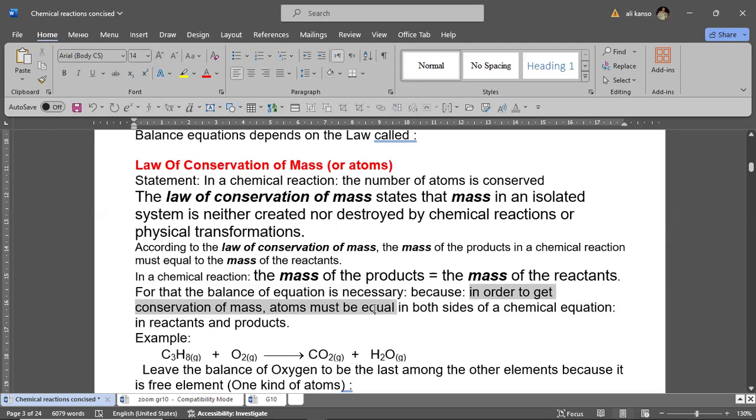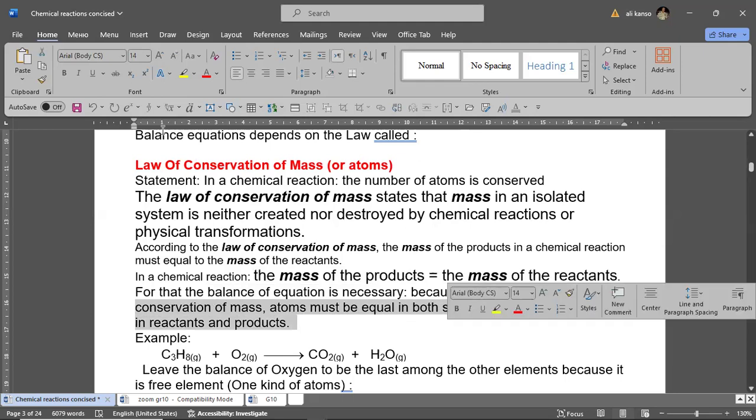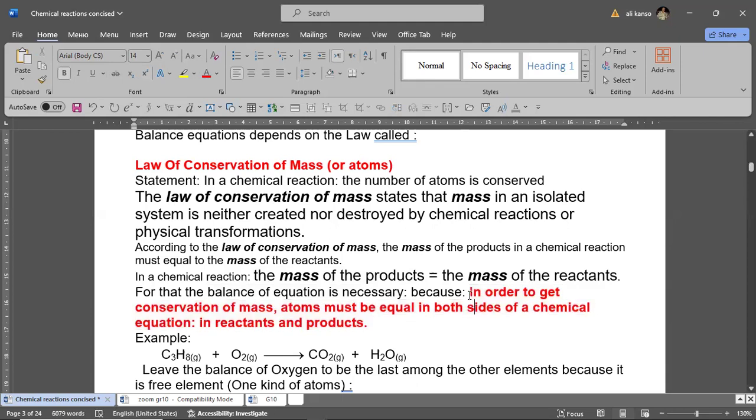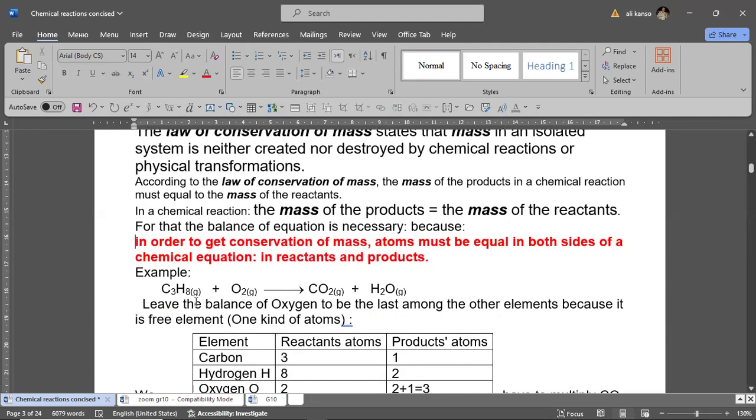We say because the atoms should be equal on both sides of a chemical equation, in the reactants and the products. Okay, this is the answer.